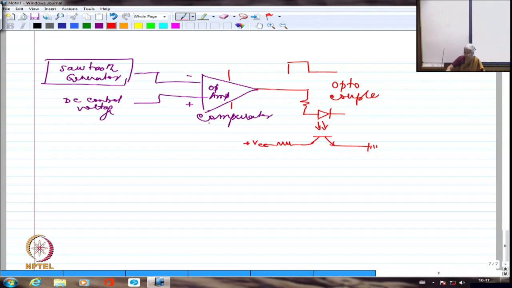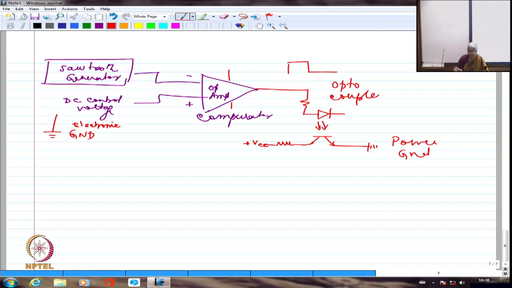I will definitely have the ground for the sawtooth generator, the regulated voltage, everything. So if I call this the ground of electronics, whereas this will be connected to the power ground. If I call one ground 1, the other one is ground 2. The two are not connected together.